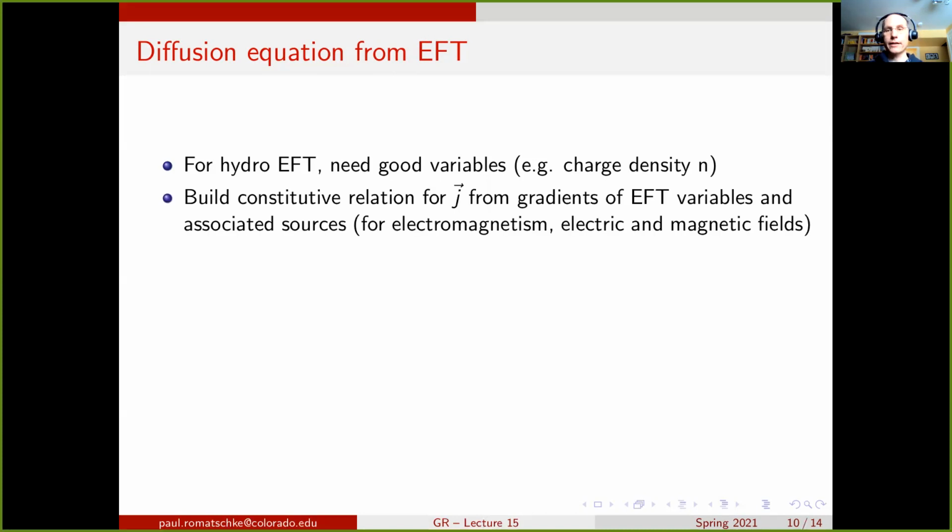Once one has a good variable, one then goes ahead and constructs a constitutive relation for the unknown parts of the equation, such as the current density J, from the gradients of the variable n, and also the associated sources for electromagnetic charges. This would be electric and magnetic fields.